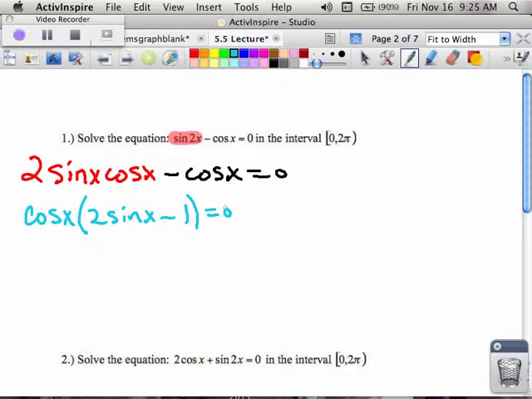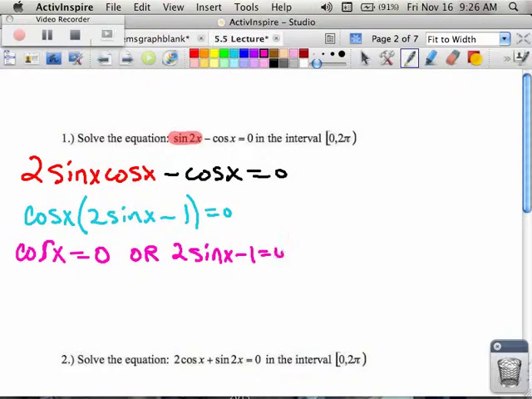So you write down either the cosine of x equals 0, or 2 sine x minus 1 equals 0. So we have two separate equations here that we're going to be solving.